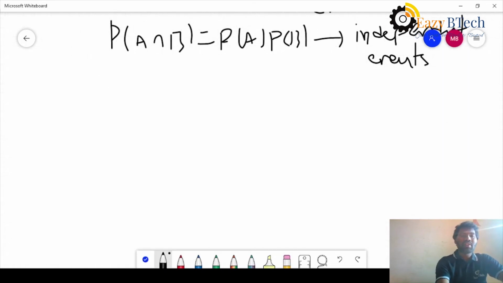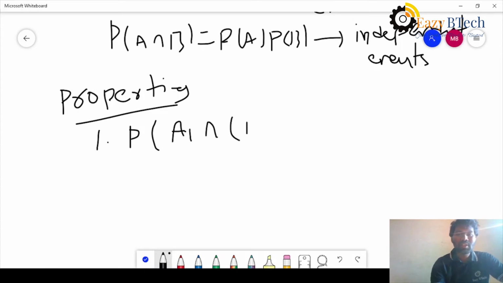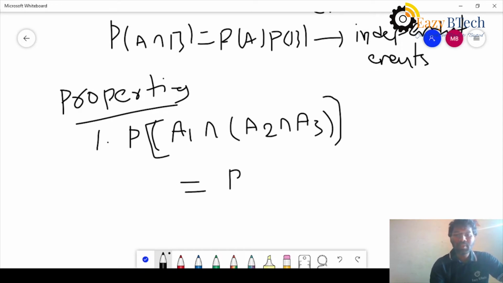Now the properties of independent events. How will the properties be defined? We will see here. There are two properties. The first one is P of A1 intersection A2 intersection A3.